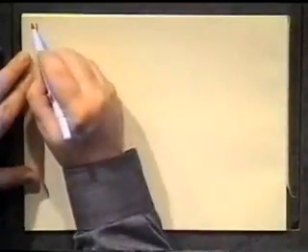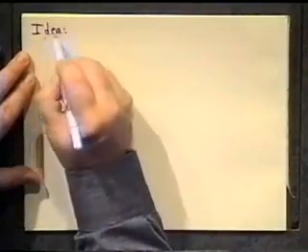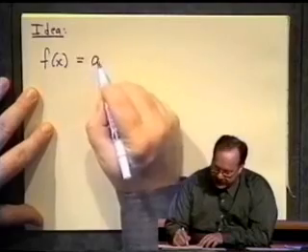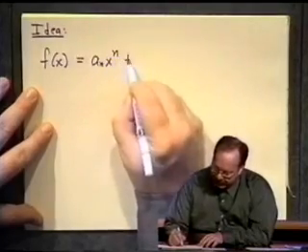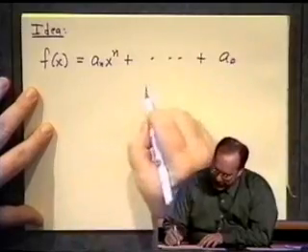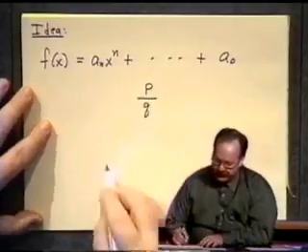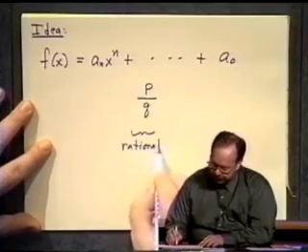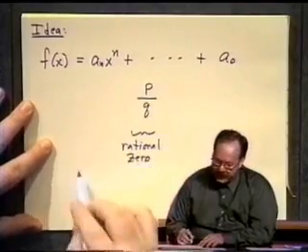All right. Once again, here is the basic idea for looking for rational zeros if you want to do that. If this is your polynomial f of x equals a sub n x to the n plus dot dot dot plus a sub 0, and if you have p over q being a rational zero, then what must happen?